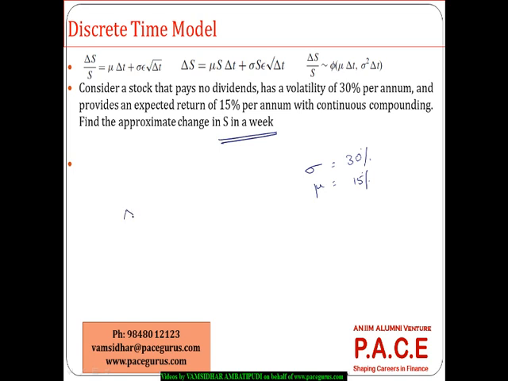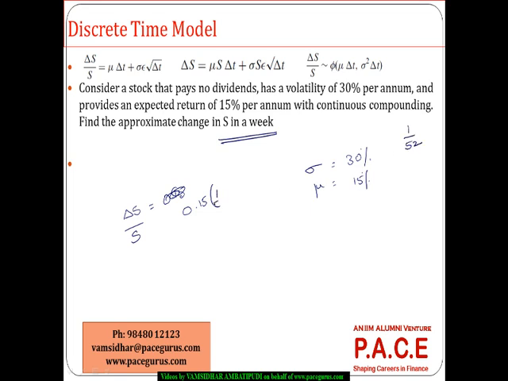Right now we say approximate change in S is nothing but delta S. We are talking about mu S delta t, so I can directly find delta S by S. Now I have to take my t as 1 week. 1 week is 1 by 52 years.